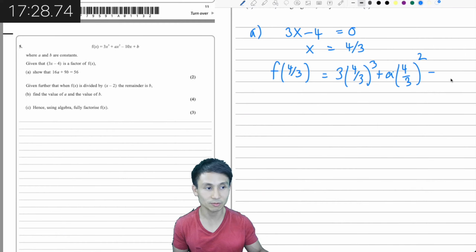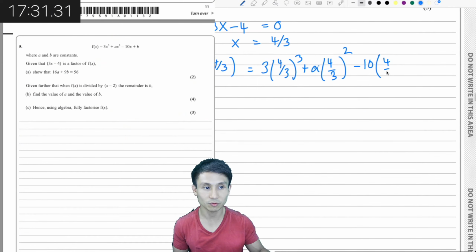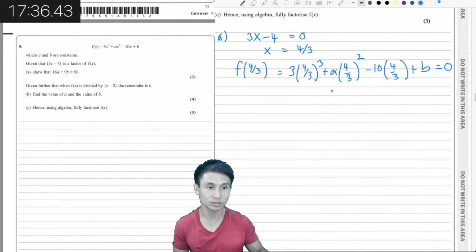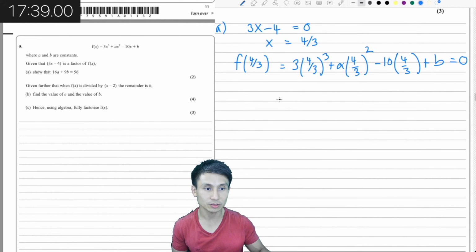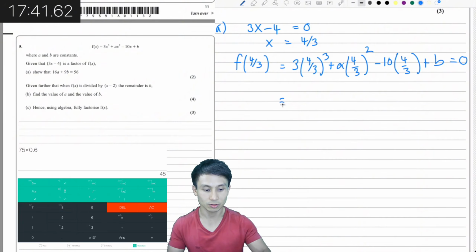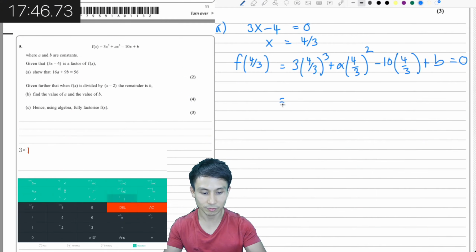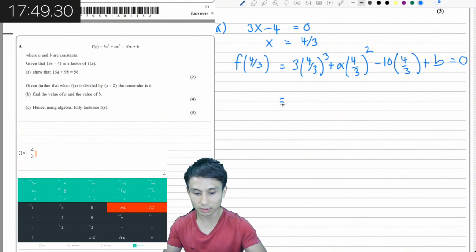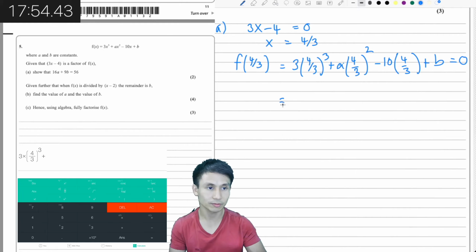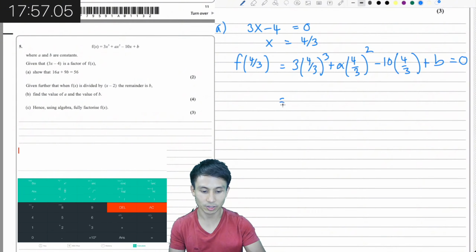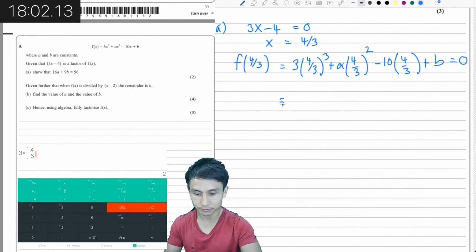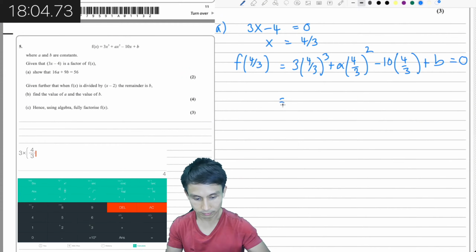That's power 3. 4 over 3 squared minus 10 times 4 over 3 plus b, right? We put it to 0. Okay, I need to be thorough there. So 3 times 4 over 3 cubed.